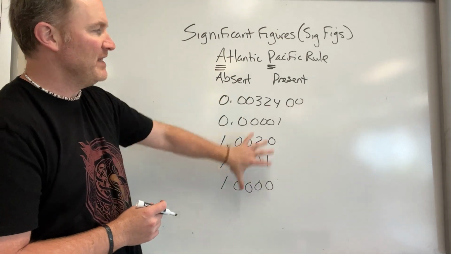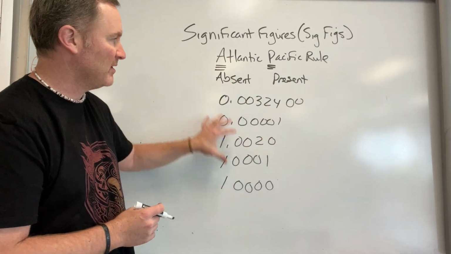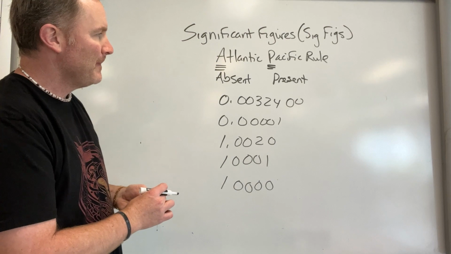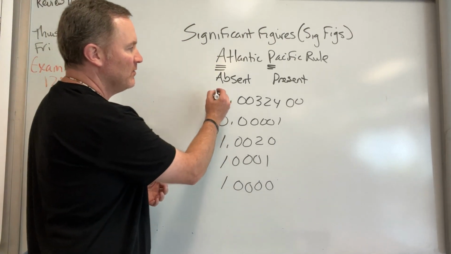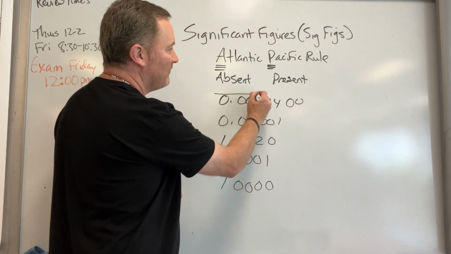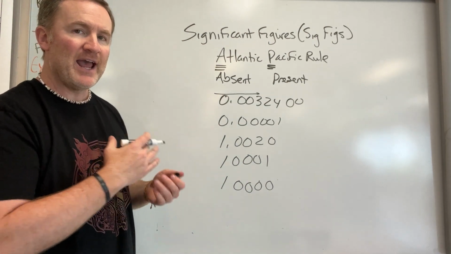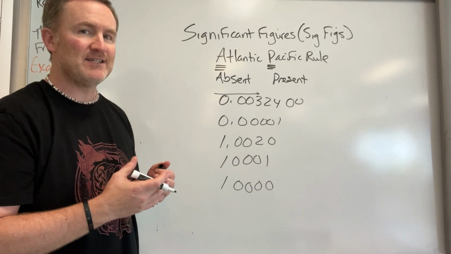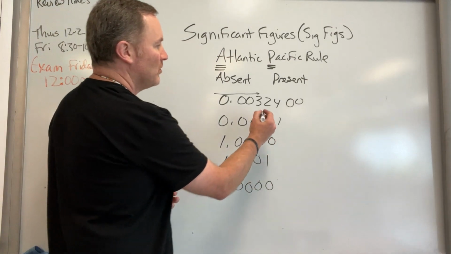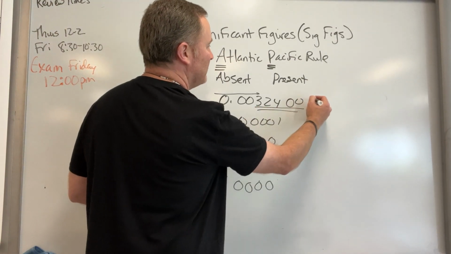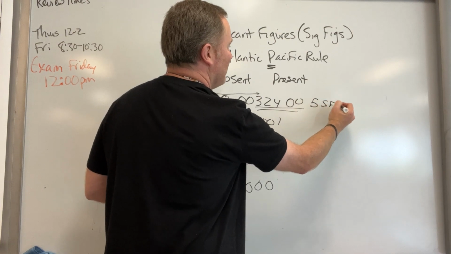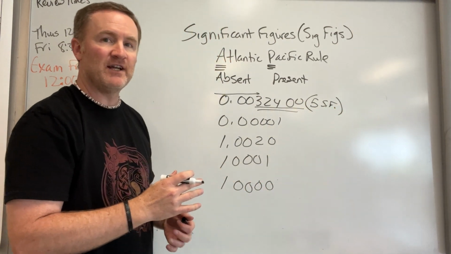If you have a decimal present, you start, and when you hit your first number, that's when you start counting the significant figures. Every number after that counts and is significant. That includes zeros. So all of these would count. This is actually 5 significant figures, and that one has 5 significant figures.